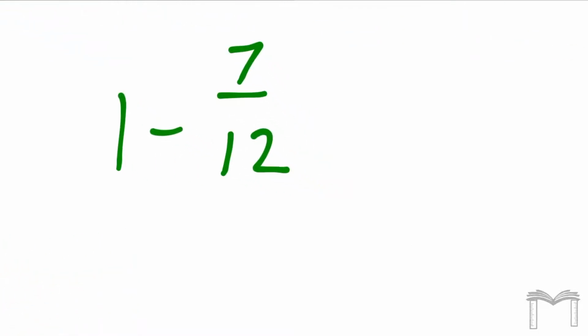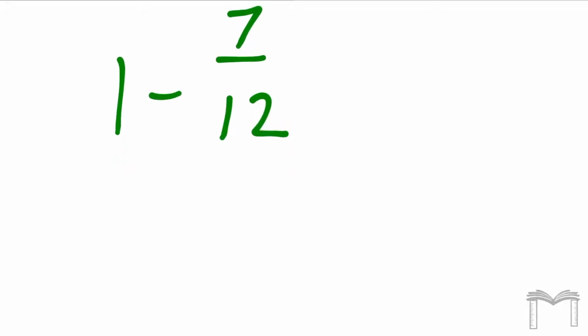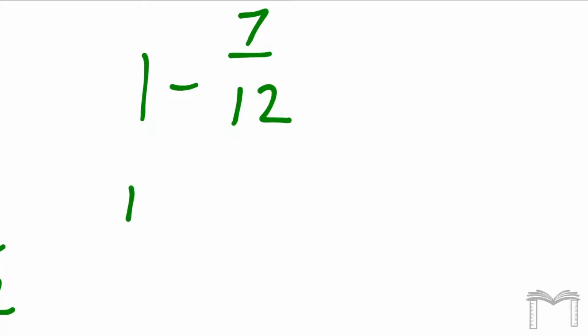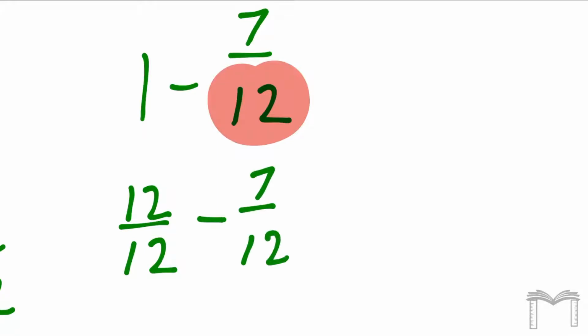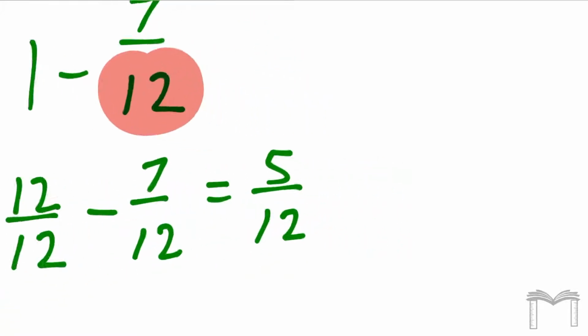So 1 can be written as 12 over 12, seeing that we are working with 7/12. 12 over 12, which is a whole, subtract 7/12 will give me 12 minus 7 is 5, 5 over the same denominator, 12. So the fraction that Danny remains with is 5/12.